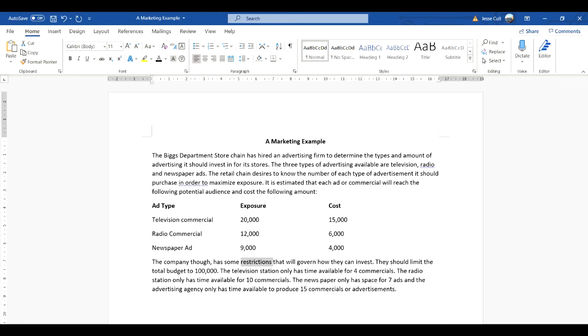Now, what we're going to do today is we're going to look at 2 more examples. The first one, as you can see in front of you, is a marketing example.